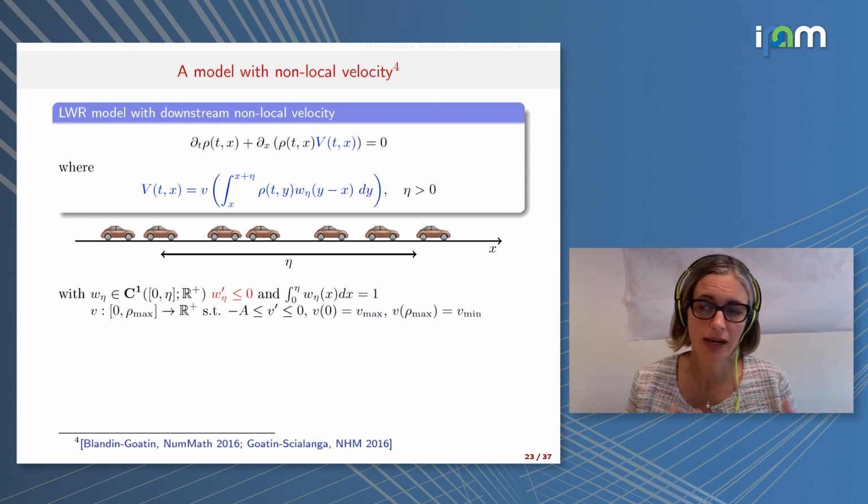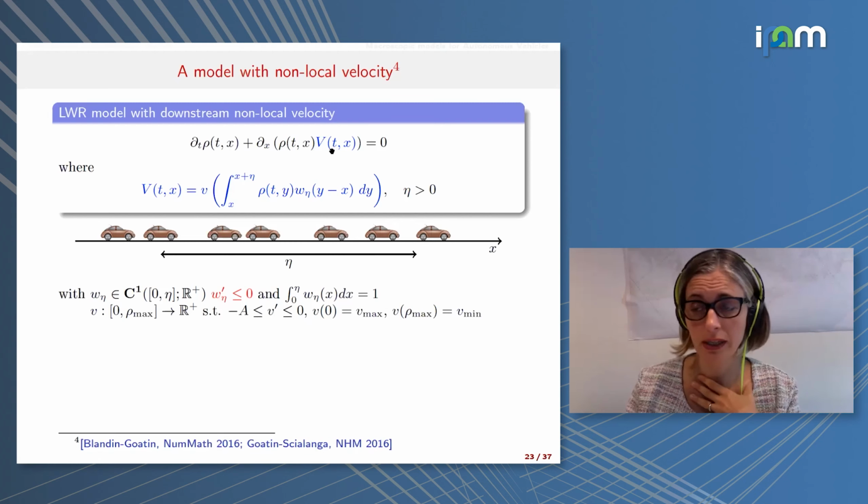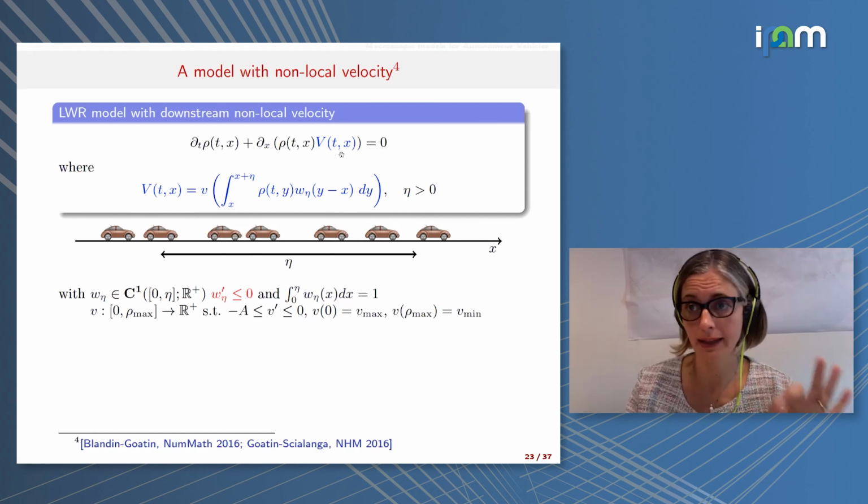For this, one approach could be to consider the speed in the LWR model not as a function of the density at the point (t, x), but as a downstream mean of the density, weighted with some weight.